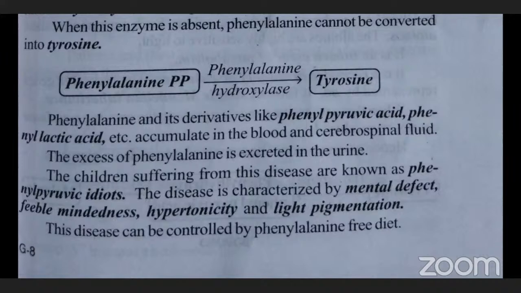Clear? So phenylketonuria is a metabolic disease. It is an inborn error disease. It is a hereditary disease, caused by recessive genes.